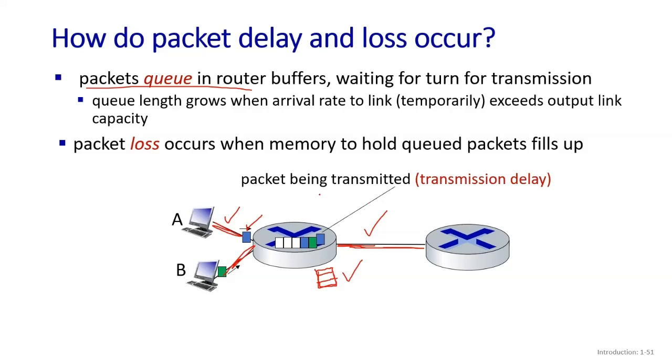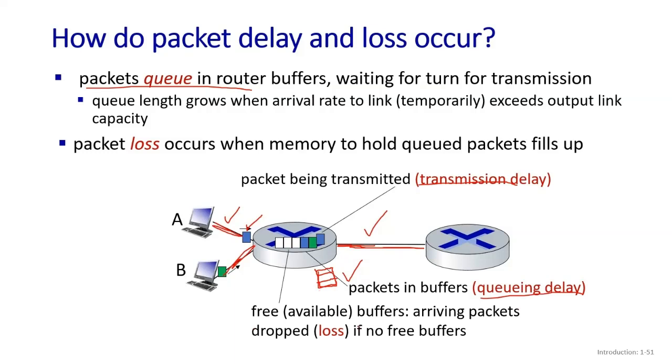Okay, so we have already studied the transmission delay. The transmission delay is the time taken to transmit each packet from the source to the destination. Then we have the queuing delay, which is the time taken by each packet in the queuing buffers.